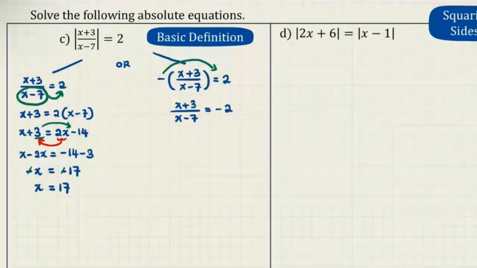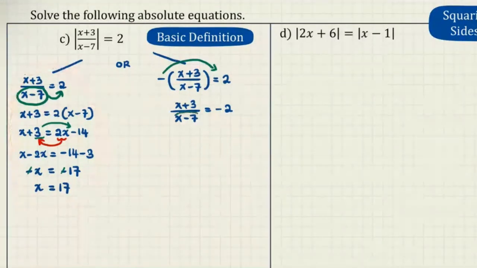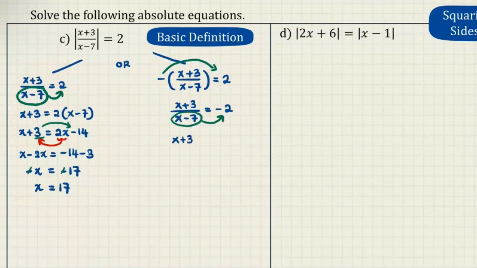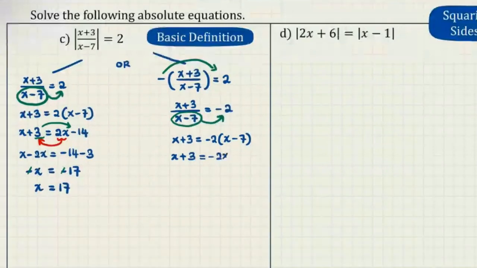Then same as the left part here, we will move the denominator to the right hand side. And I will have X plus 3 equals to negative 2 multiplied by X minus 7. And then we expand first. X plus 3 equals to negative 2X plus 14.